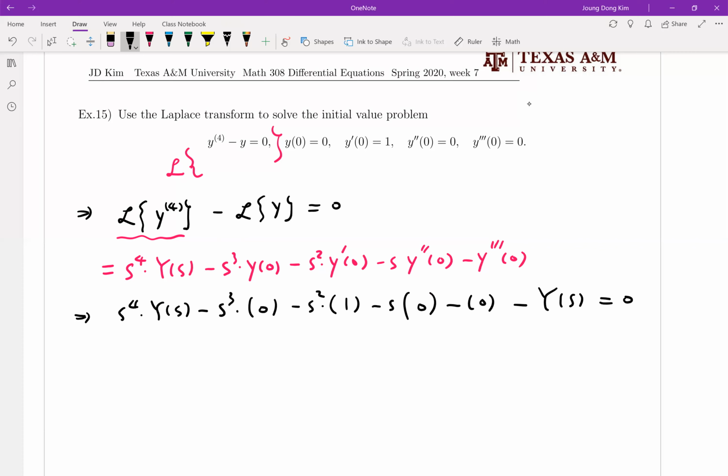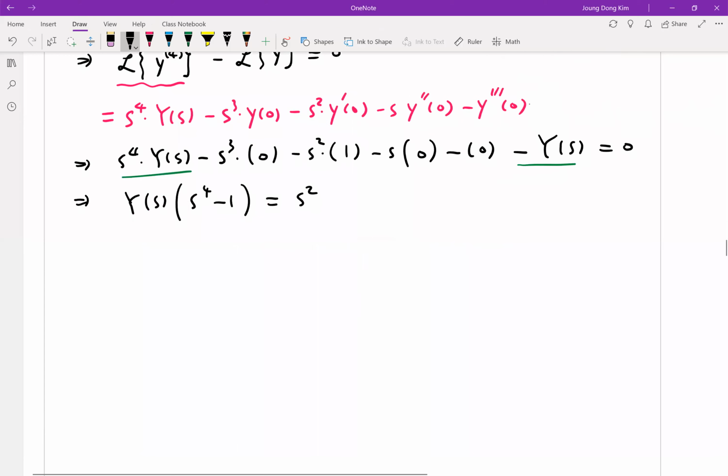So let me gather all the Y of s terms as we did before: s to the 4, and what else? I'm talking about this guy and this guy, right? Minus 1, that's it, equal to, this is 0, and this is s minus s squared, which is s squared on the right hand side, and that's it, right? And divide by s to the 4 minus 1 on both sides, then Y of s equals s squared over s to the 4 minus 1.